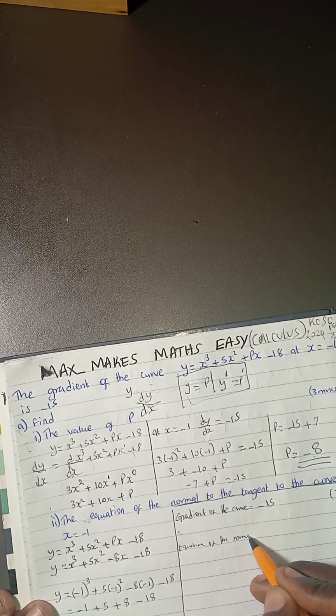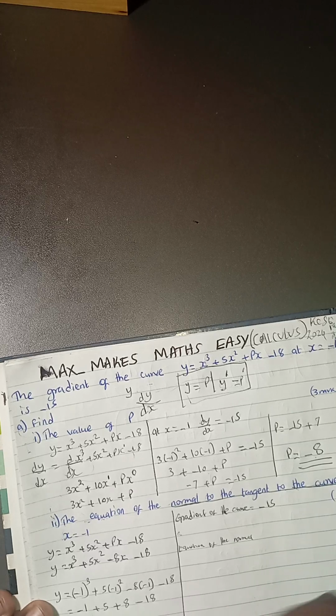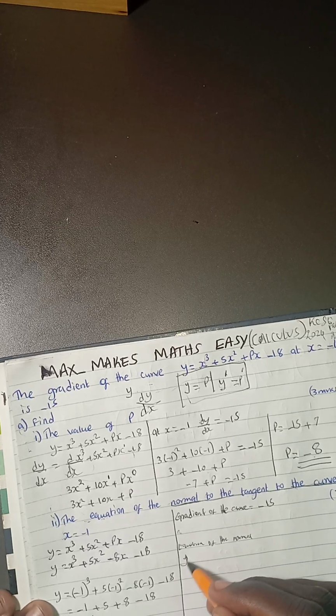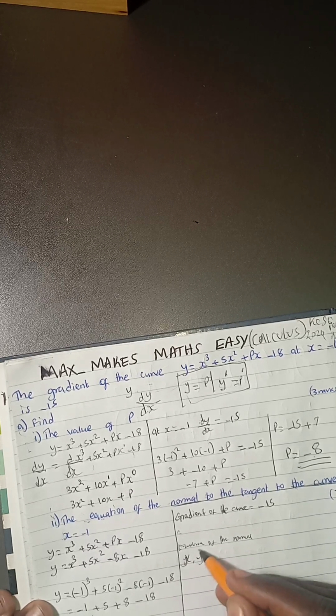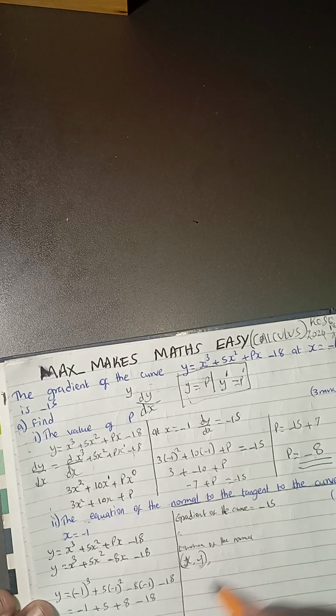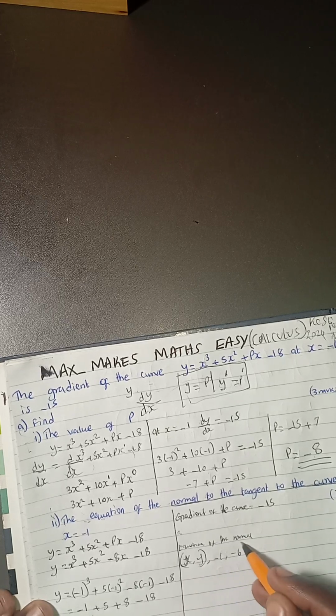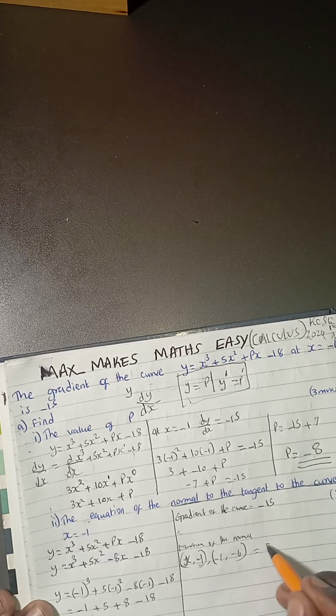What do we need to find it? We have a point, negative 1, negative 6. Then we should know the gradient of the normal.